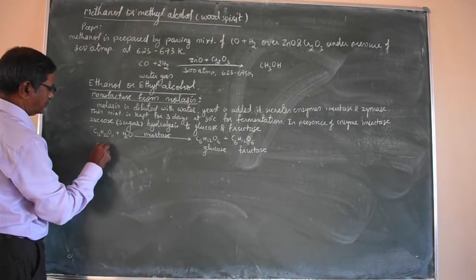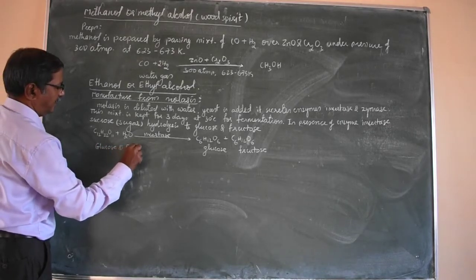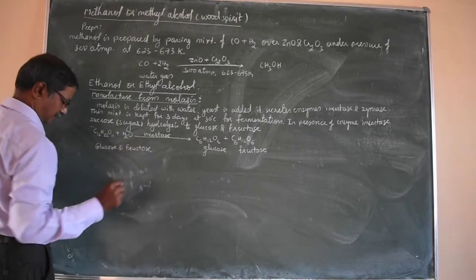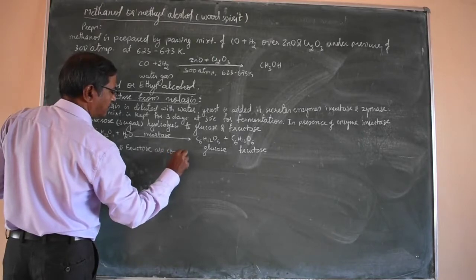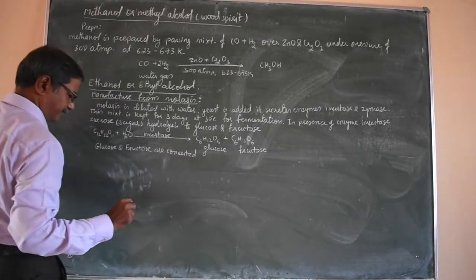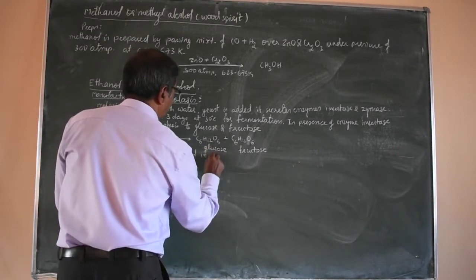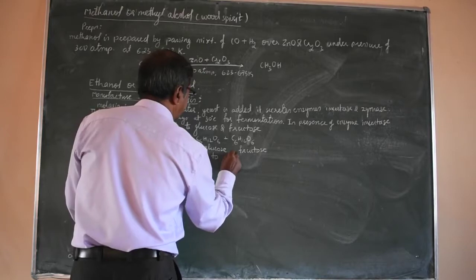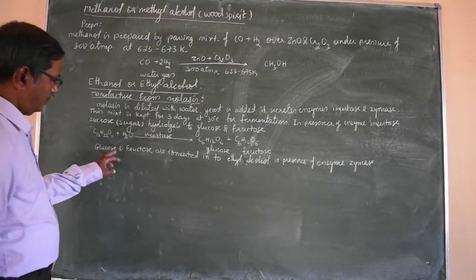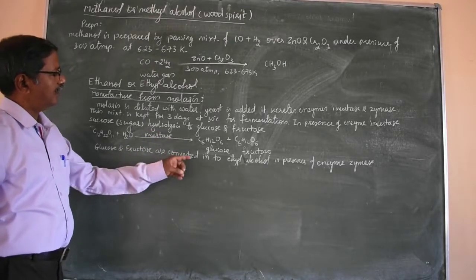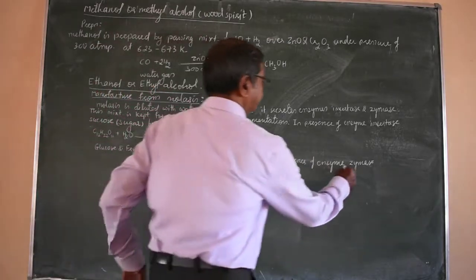And afterwards, glucose and fructose are converted into alcohol, that is ethyl alcohol, in presence of enzymes.